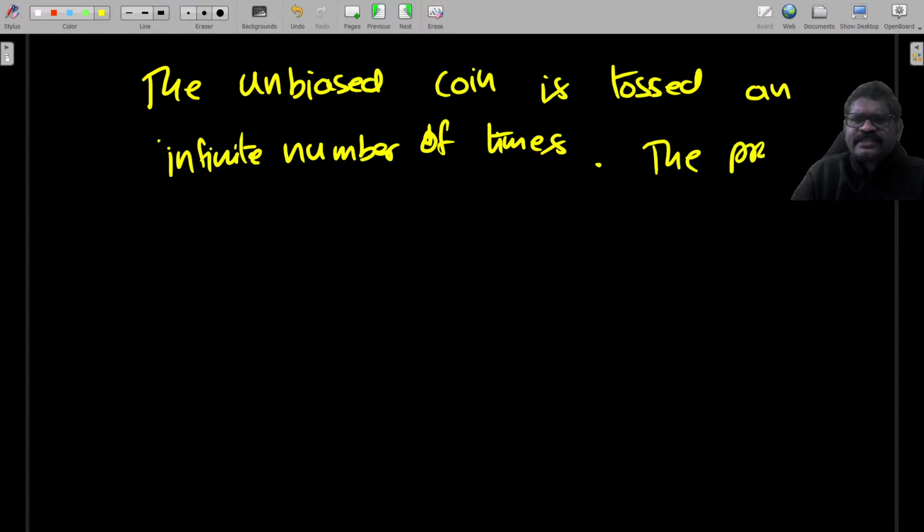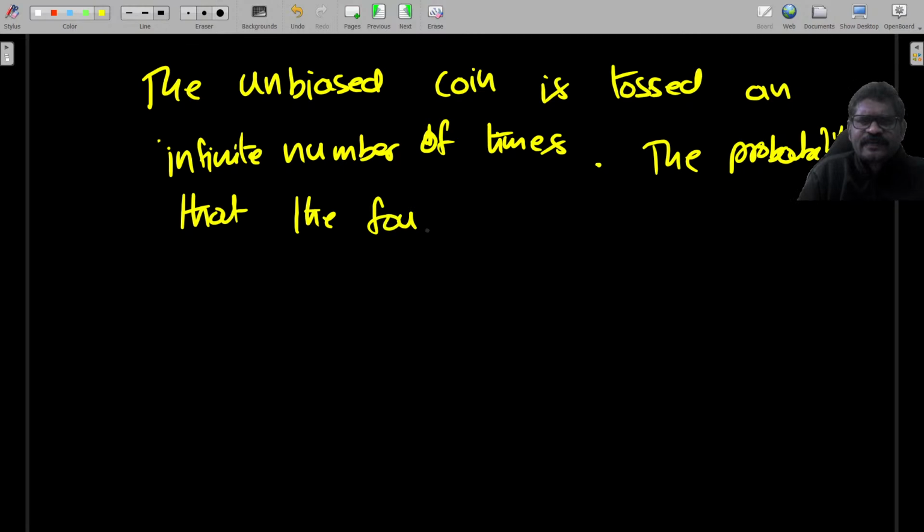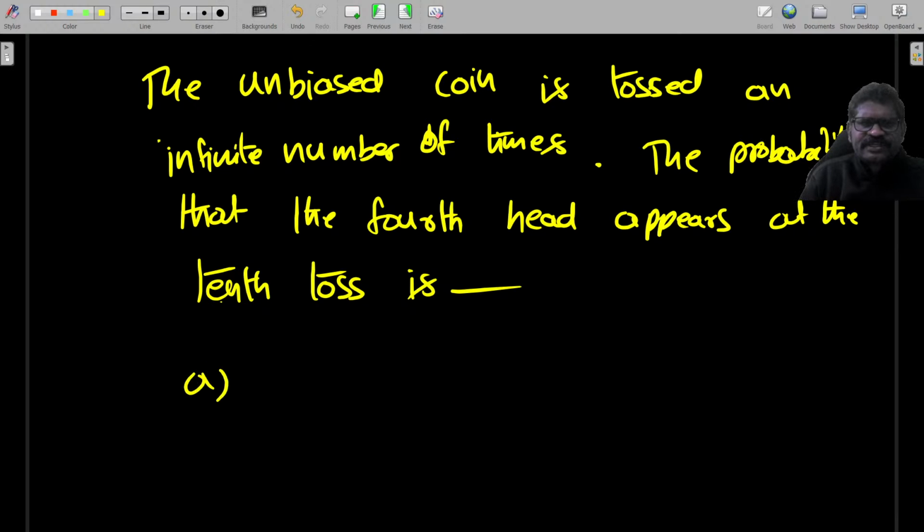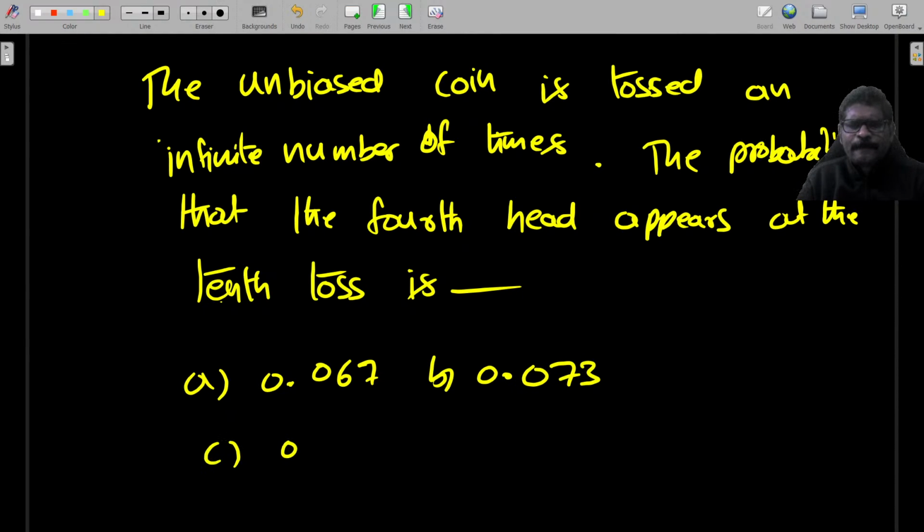The probability that the fourth head appears at the 10th toss is: first option 0.067, 0.073, 0.082, 0.091.